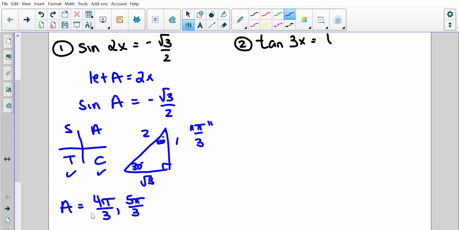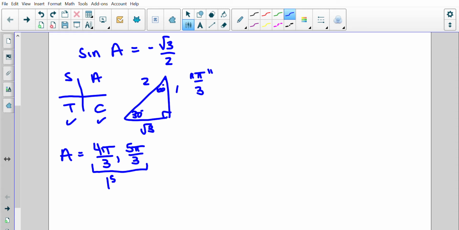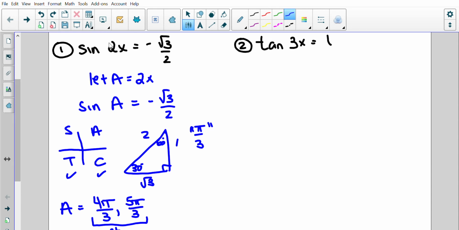So when I get my initial answers here, those answers are just my answers within the first rotation of the circle. But this problem is saying we went around the circle 2 times. So not only is this an answer, but if I take 4 pi over 3 and then spin around the circle one more time and land at the same spot, that angle is also an answer.